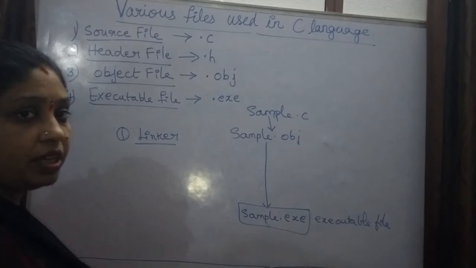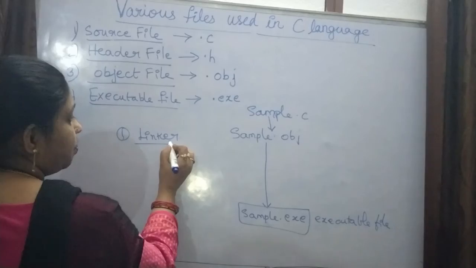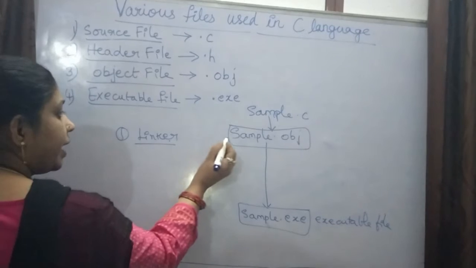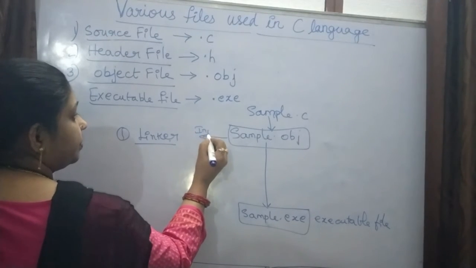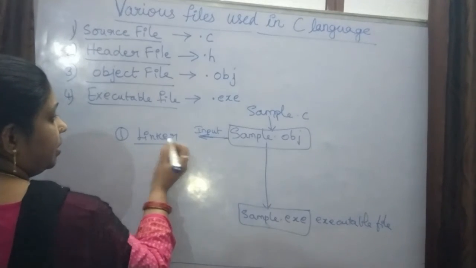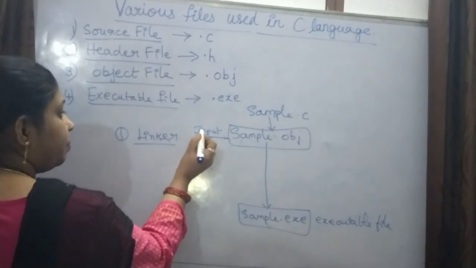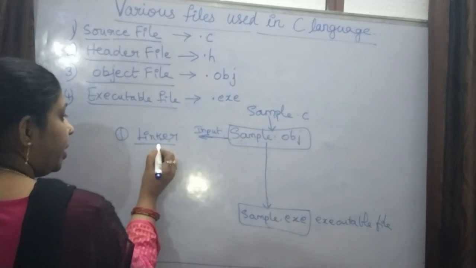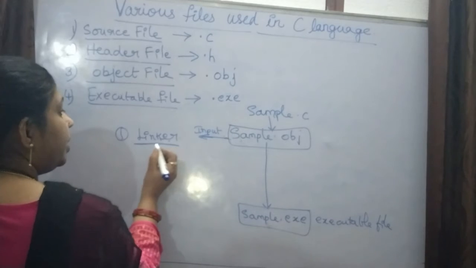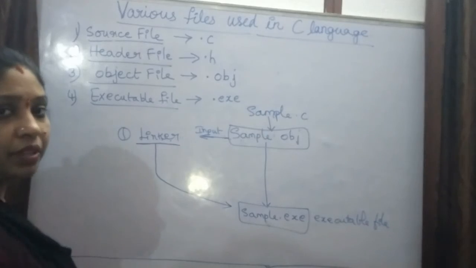This linker takes this object code as input, and after taking this input, it will change it to sample.exe. Okay?